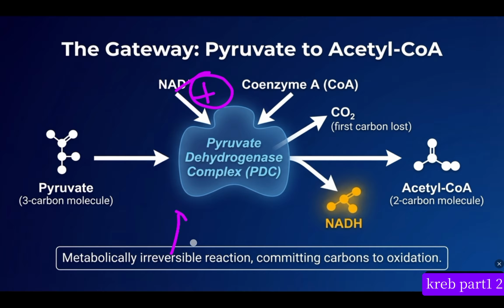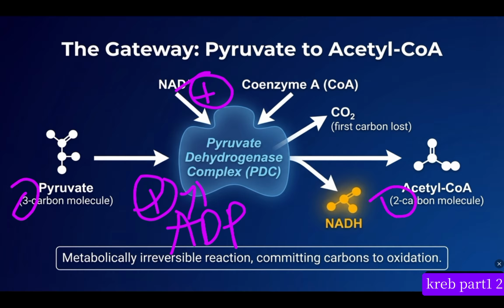ADP also stimulates this reaction, and decarboxylation occurs from 3-carbon to what? 2-carbon to form acetyl-CoA. And NAD positive is converted to what? NADH, which will now go to the matrix of the mitochondria to undergo the electron transport chain to produce energy.